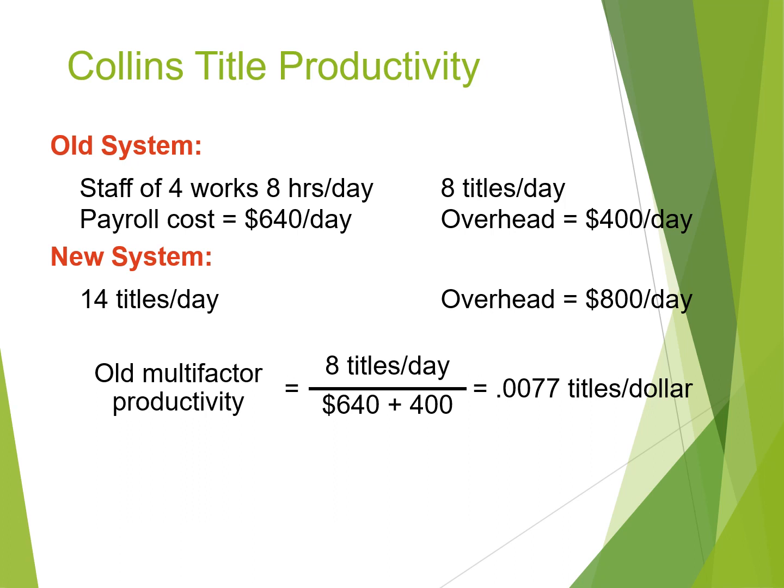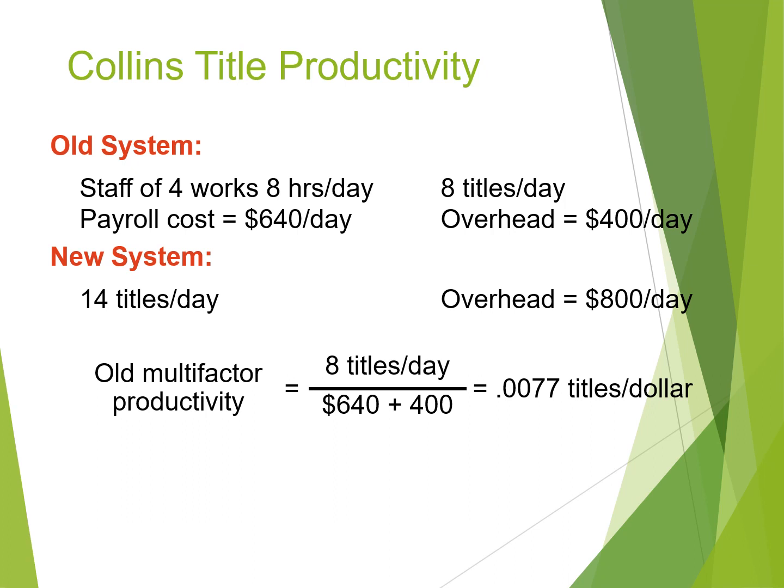That comes out to 0.0769 on your calculator or your piece of scratch paper, but for the purpose of this course we are going to round that up to 0.077 title per dollar.